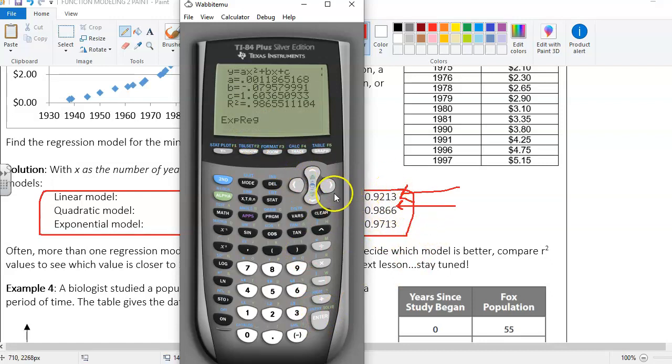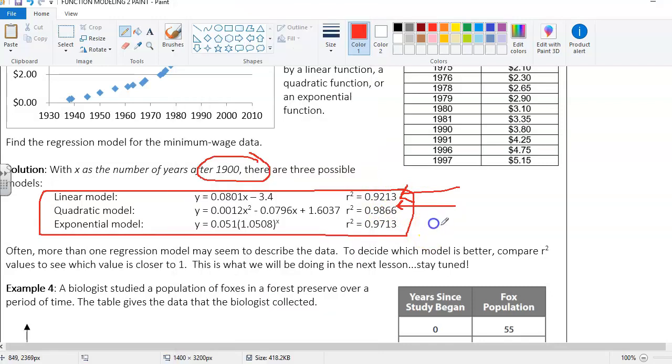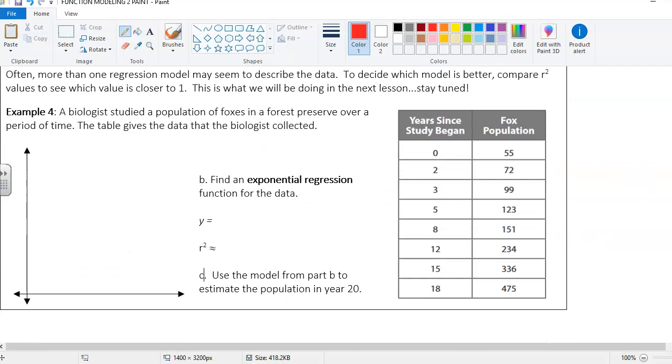That one is taking the calculator a minute. That one had an r squared value of 0.971. So notice the quadratic was best. Okay, we're going to practice that a whole lot in the next lesson, so pay attention later.